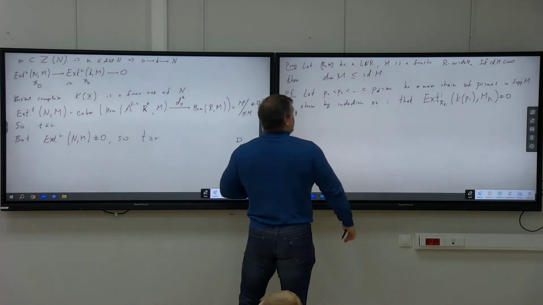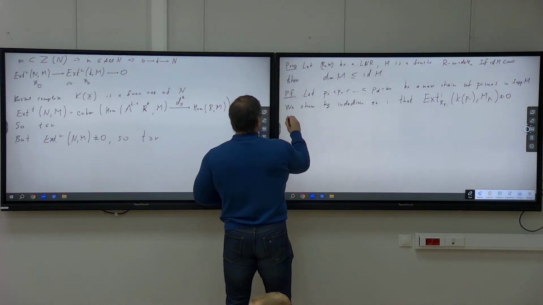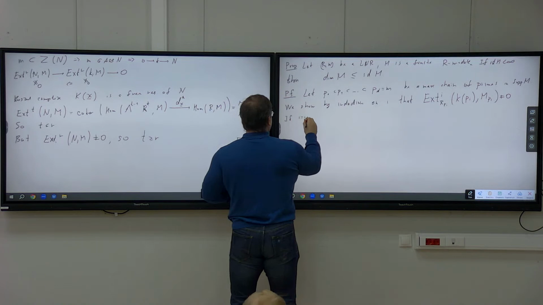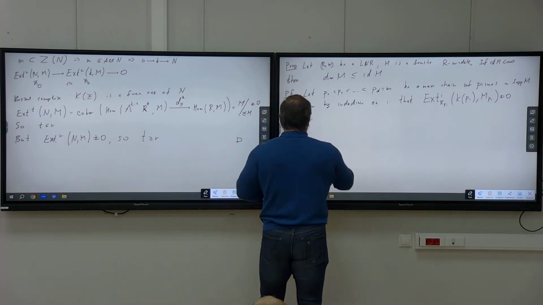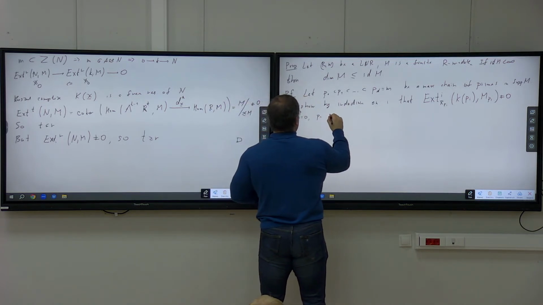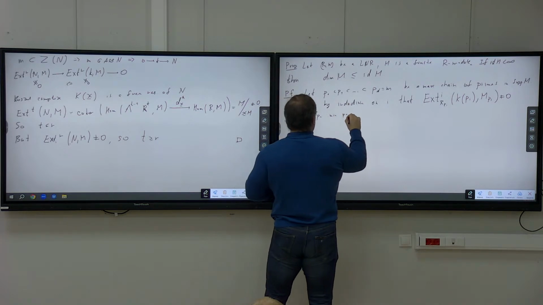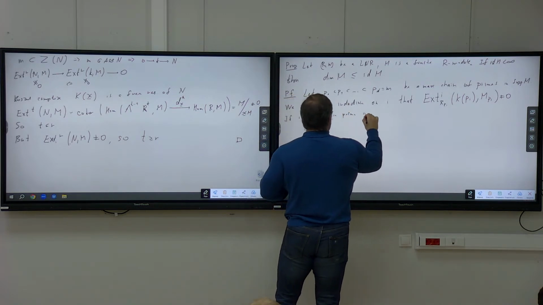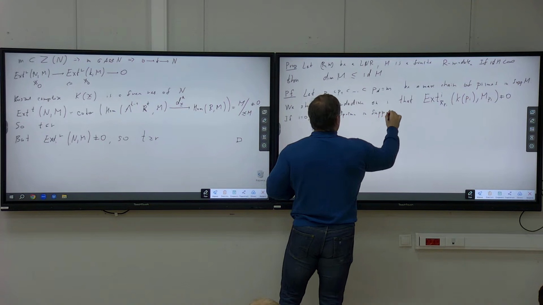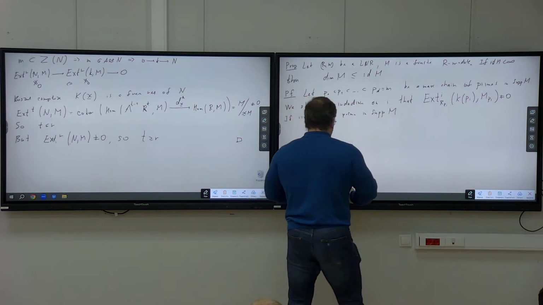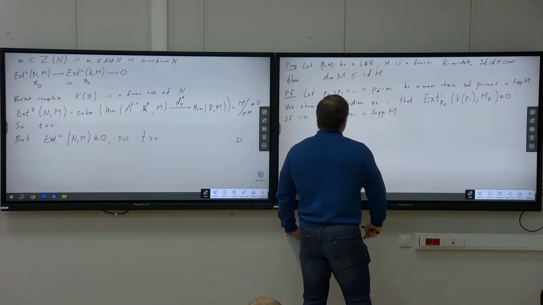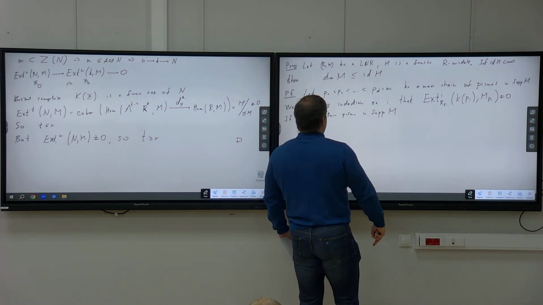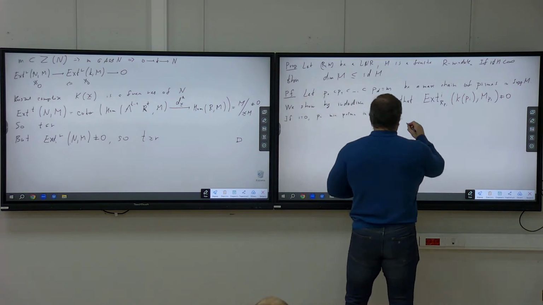Okay, based on the induction, if I is equal to 0, then P0 is the minimal prime in the support of the module M, and we know that the support and the associated primes have the same minimal elements.